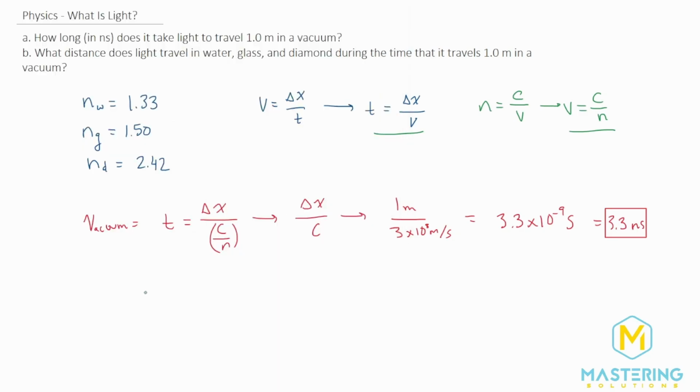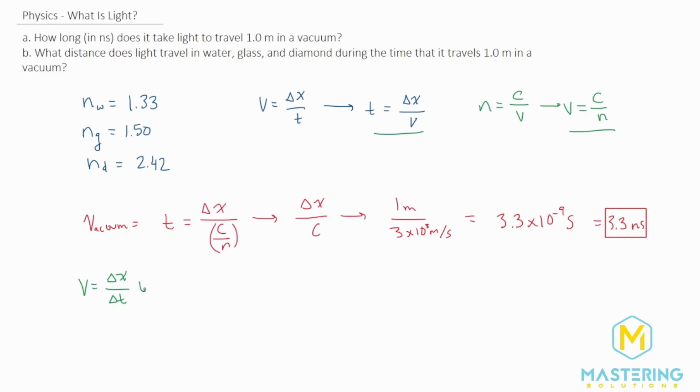So now we just need to do the exact same thing. We need to figure out how far it is traveling in water, glass, and diamond for that time. So we have the 3.33 nanoseconds. We're going to use the same equation here, but now we're going to rearrange it to figure out the distance. So we have velocity is equal to the change in distance over the change in time.